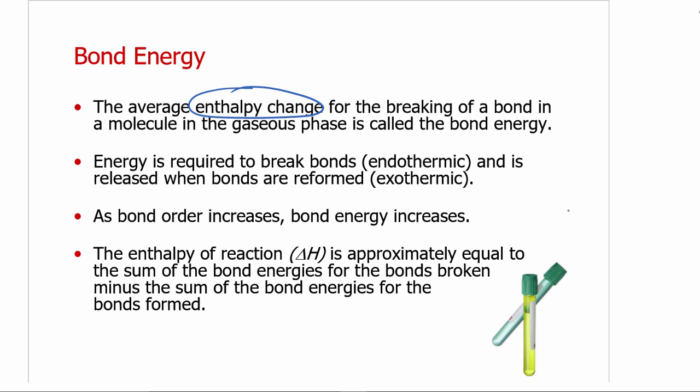And if more energy is released when bonds are reformed than goes into the bonds when they break, then the process is going to be an exothermic process. So if you can describe that or know this stuff from a qualitative perspective, that's all we need to know. We're not going to be quantitative and do these numerically.